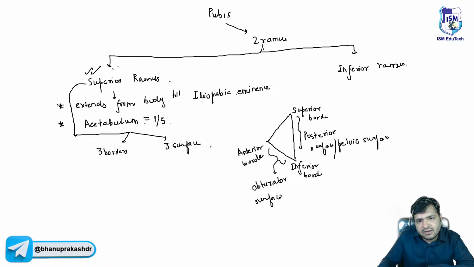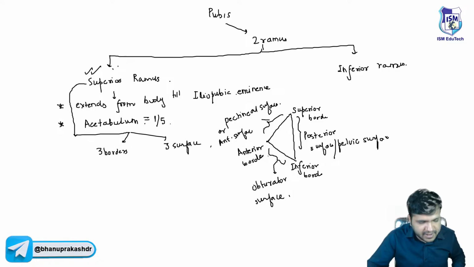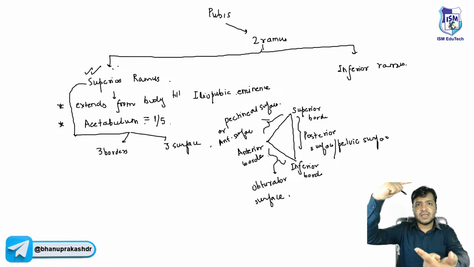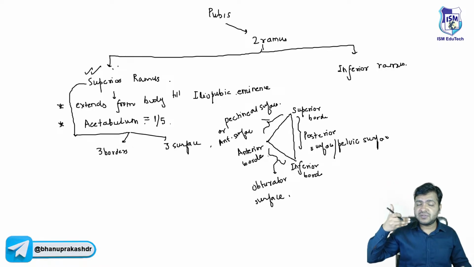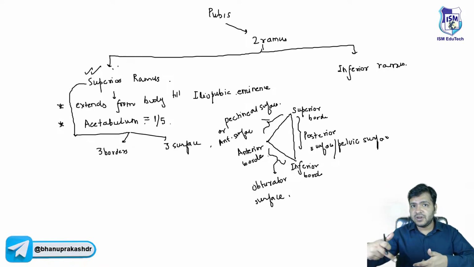And between the anterior border and the superior border, we have the anterior surface, or I can simply say the pectineal surface. So this is something that you have to keep in mind: superior border above, inferior below and anterior in front. So between superior and inferior is the posterior surface, and the lower one forms the obturator margin, so it will be the obturator surface.